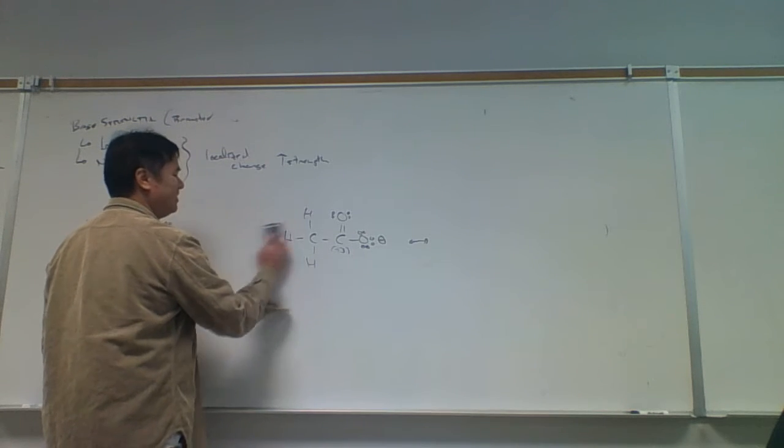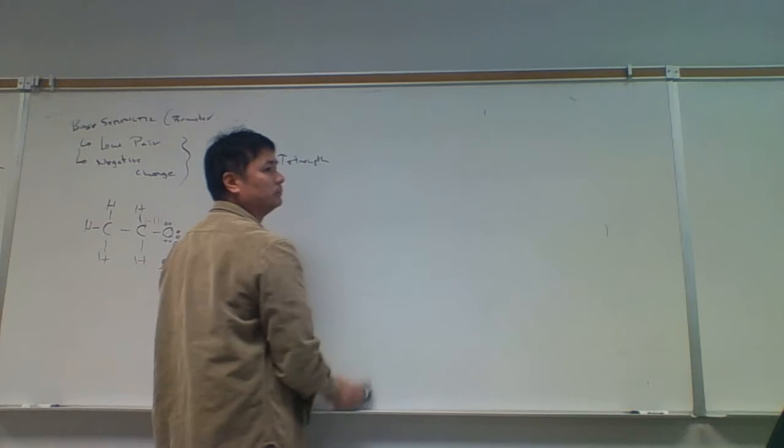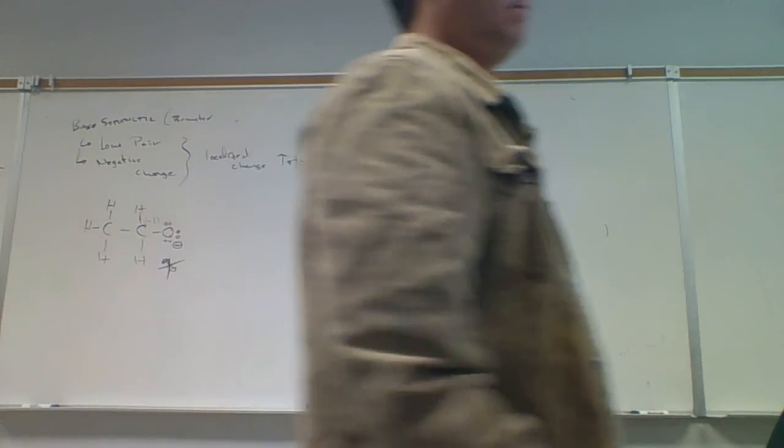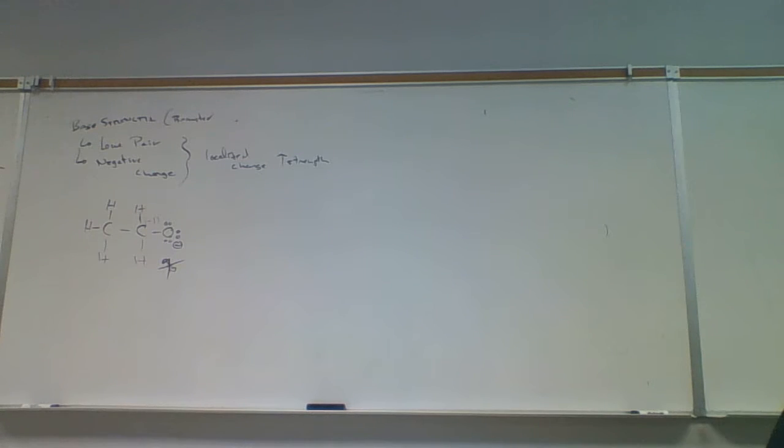Now, what happens if we do this? Well, actually, let's go back here. So here, ethoxide. In fact, ethoxide is one of the strong bases. It's not one of the strong bases you have to memorize, but it's a strong base. Acetate's a weak base.